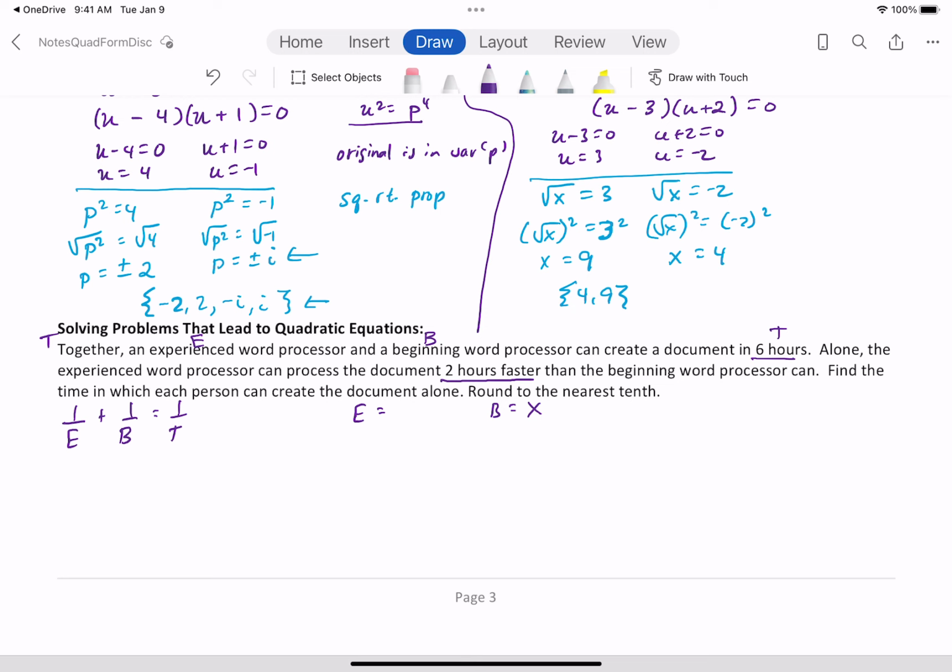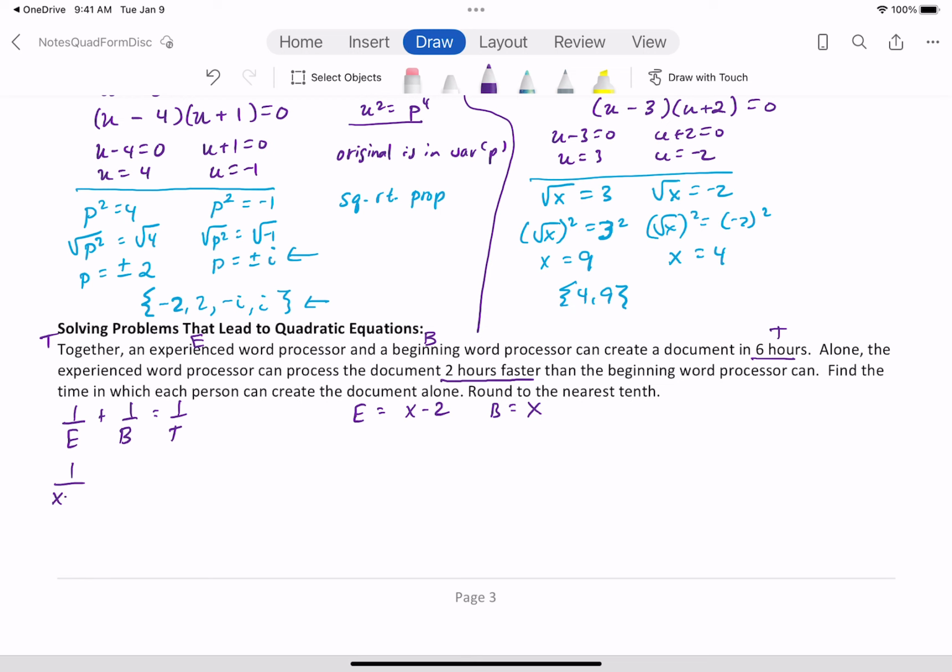But because we're dealing with time, if they process it faster, then that means it's actually less time. So the experienced is going to be x minus 2.